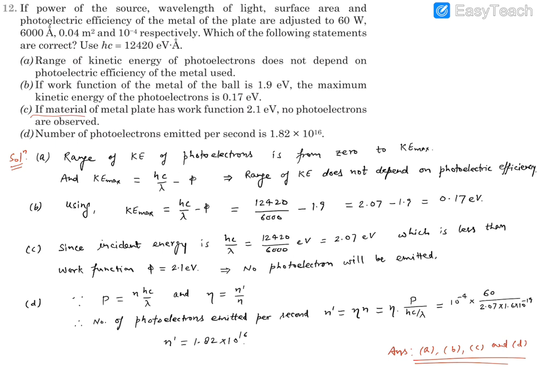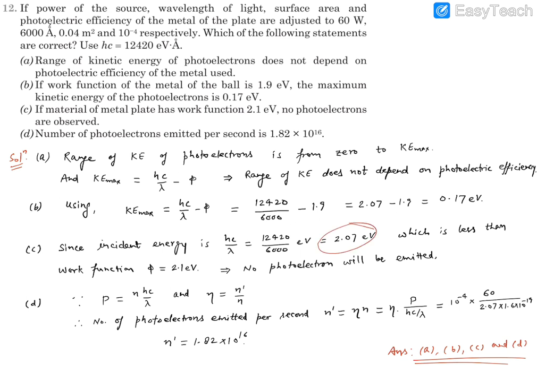Further, option C reads, if the material of the metal plate has work function 2.1 electron volt, no photoelectrons are observed. Now you see this incident energy, which is hc by lambda, we have just calculated in the above option, came out to be 2.07 electron volt. That means this is the amount of light energy or photon energy which is incident on the metal.